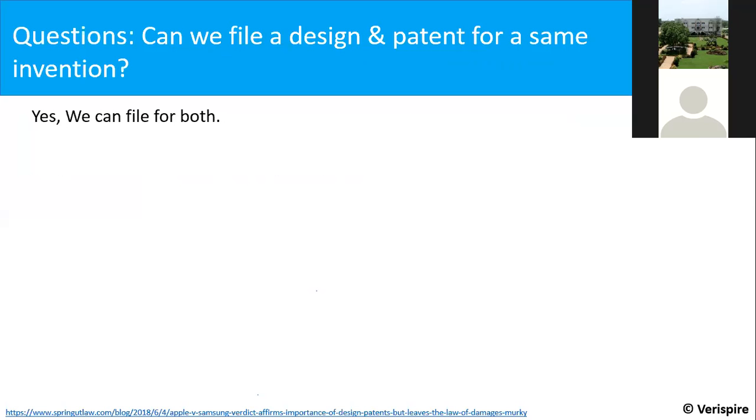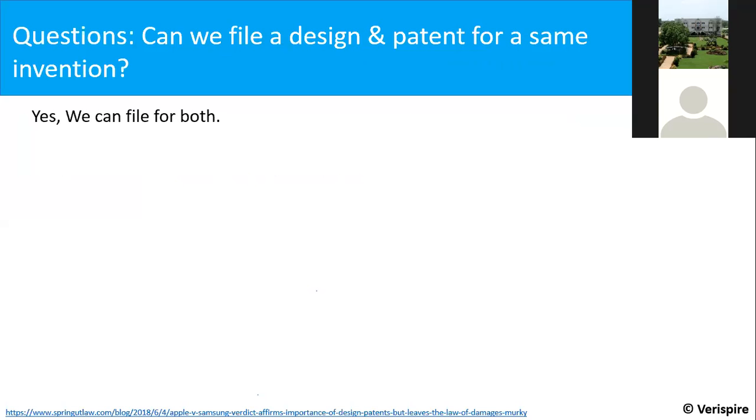Another question in the previous lecture was, can we file a design and a patent for the same invention? Yes, you can file for both. I'll give you an example. There was a question in the previous lecture also, can we file a patent and a design for jewelry also?